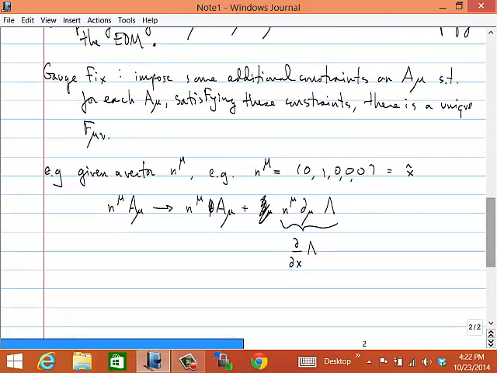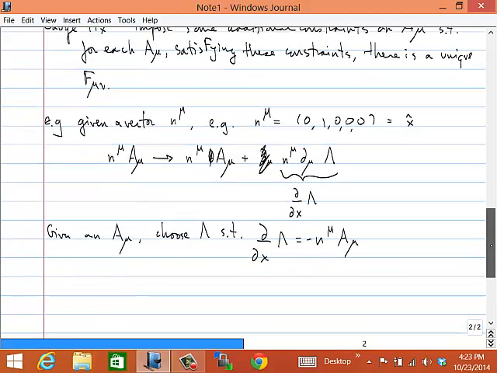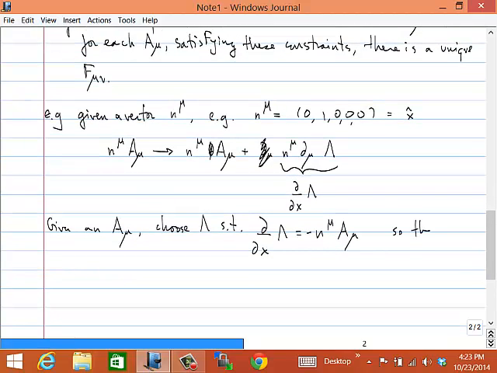So you could then imagine doing the following. Given some particular value of A mu, we could always choose lambda such that d by dx of lambda is equal to n mu A mu. Or I guess I should put a minus sign there, so that after you do a gauge transformation, n mu A mu will be set to 0.